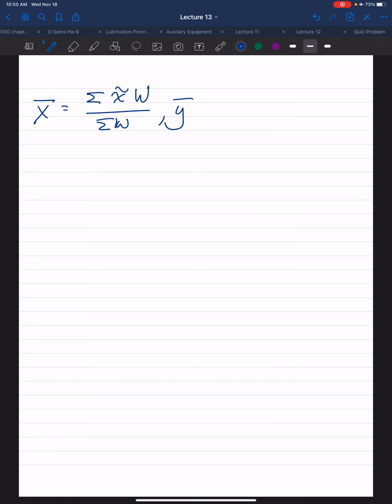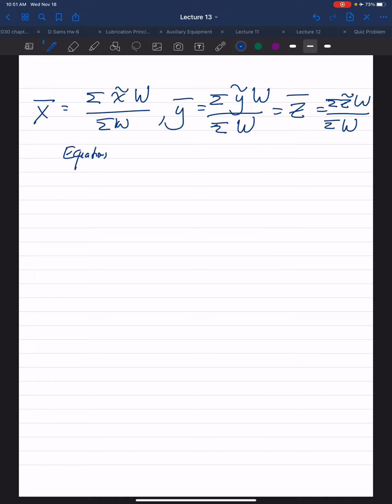Likewise, y bar, same. And remember, these are the coordinates x, y, and z. And likewise for z bar. And these equations are 6-4 on page 283.